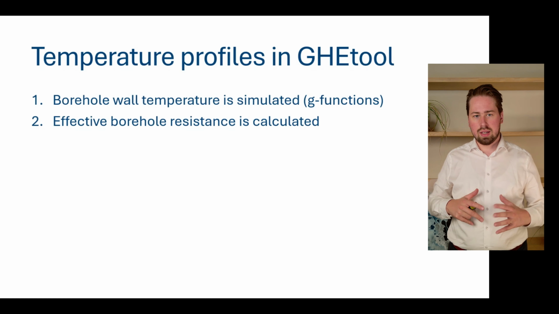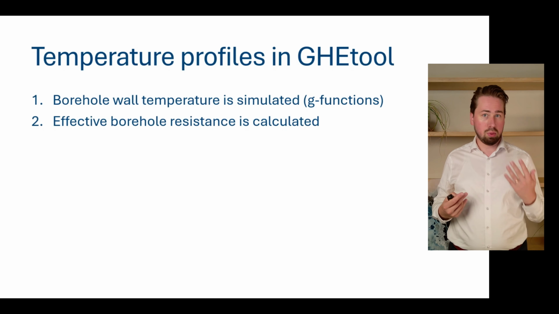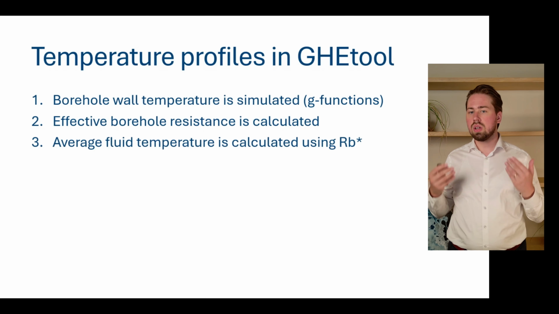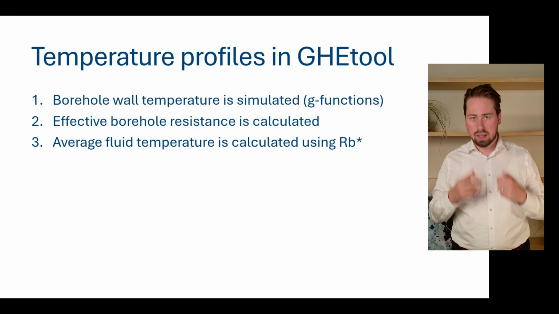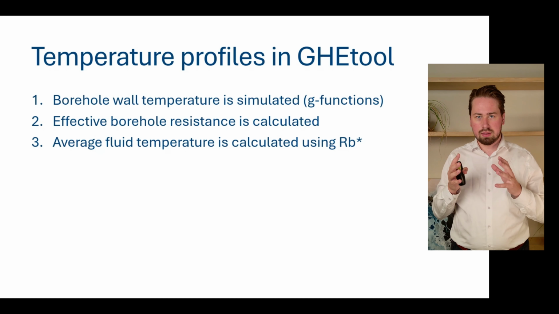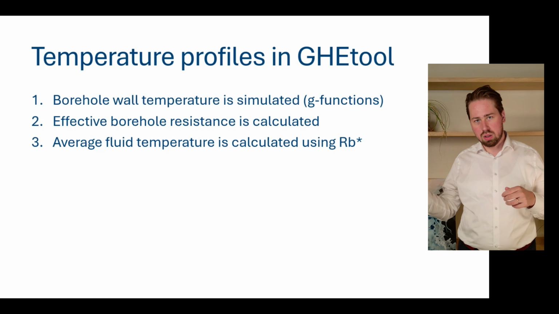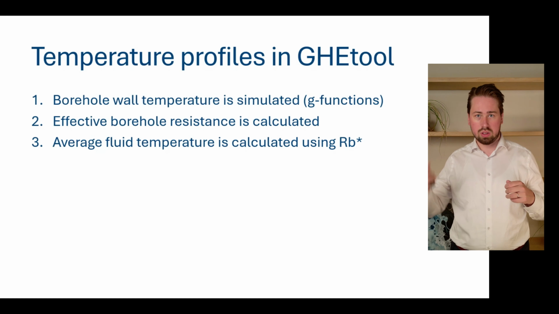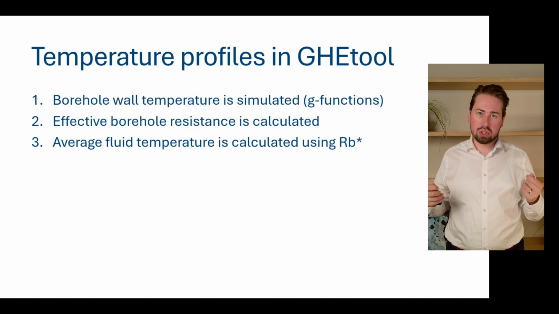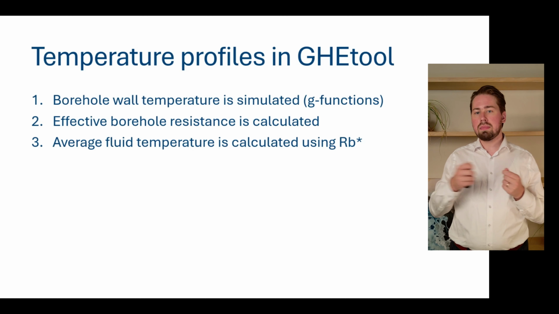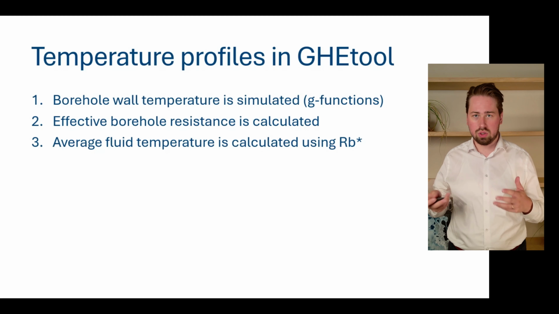And since we now know the borehole wall temperature and we know this effective borehole thermal resistance, we can calculate the average fluid temperature using this resistance. Because if you recall, the borehole resistance is defined as the temperature difference between the average borehole wall temperature across its length and the average fluid temperature inside the borehole, divided by the power we extract or inject at a certain moment.